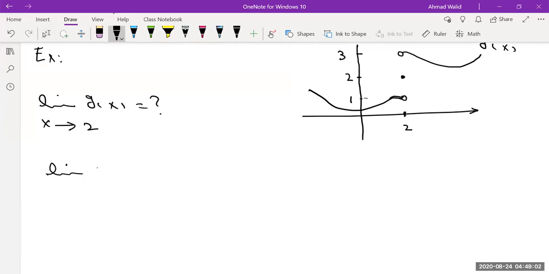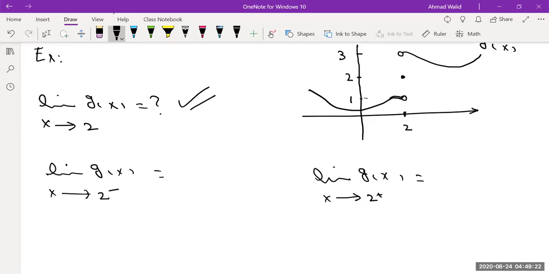You have to find the limit of g of x as x approaching to 2 from the left, and also the limit of g of x as x approaching to 2 from the right. First, you have to find these two to answer the question, which is, find the limit of g of x as x approaching to 2.